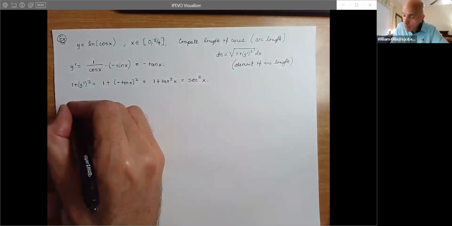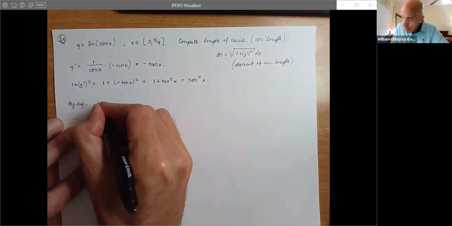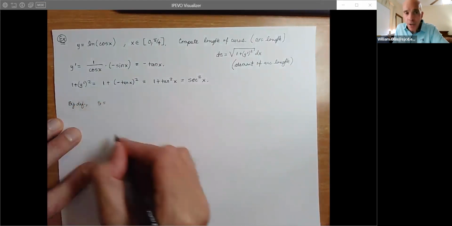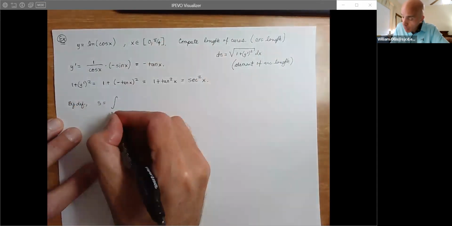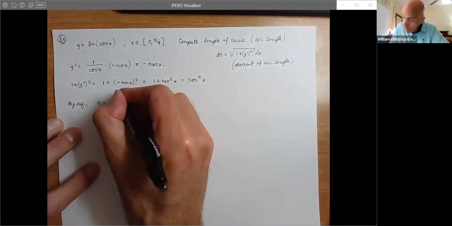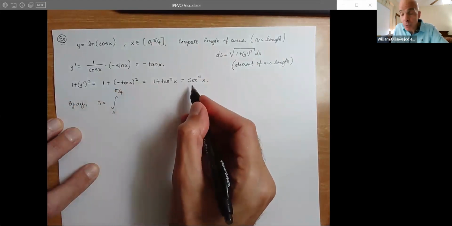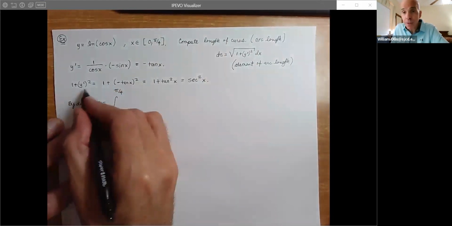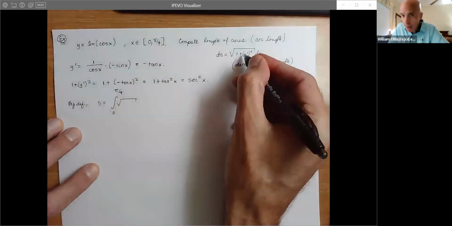So now, by definition, S, the arc length, will be the integral from 0 to pi over 4. And now we take the square root of the 1 plus y prime squared. So we have this.